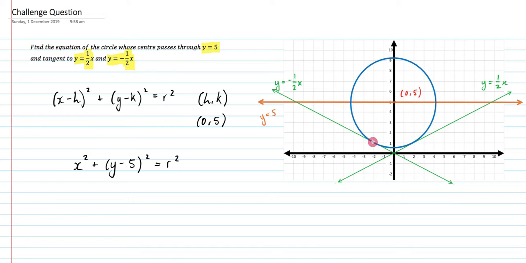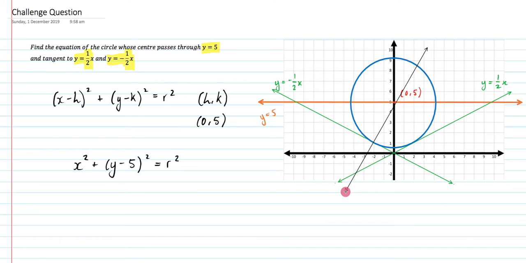That's going to be my radius. To do that, I'm first going to have to find an equation for a straight line that is perpendicular to the line y equals a half x and passes through (0, 5). So it's going to be somewhere about here.